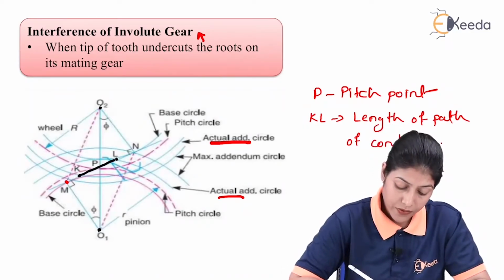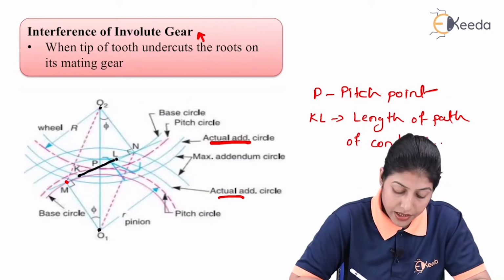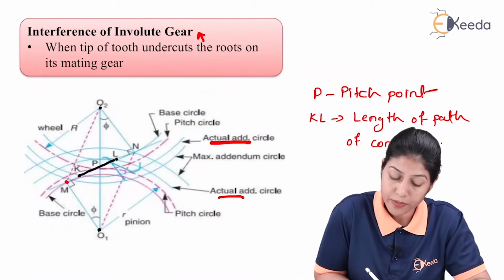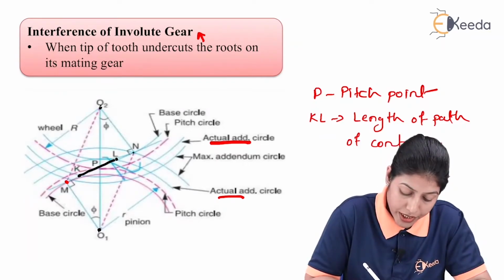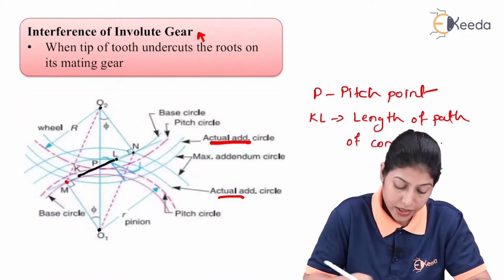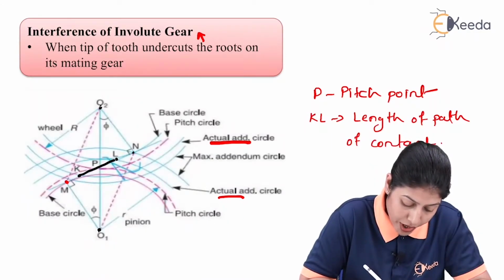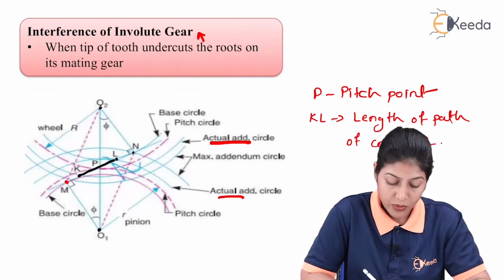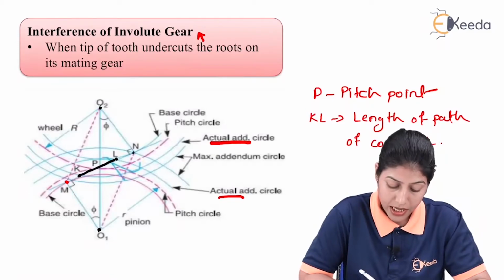Now here, if we are increasing the radius of this addendum circle of the pinion up to point N. So KL is generally representing the length of path of contact. This particular point K and L is representing the point of contact between the tooth of the wheel and the pinion.